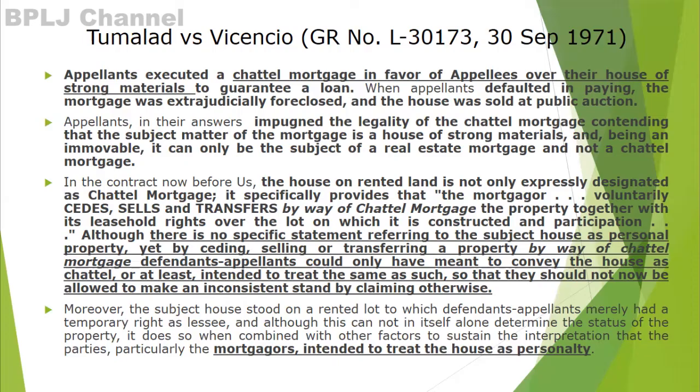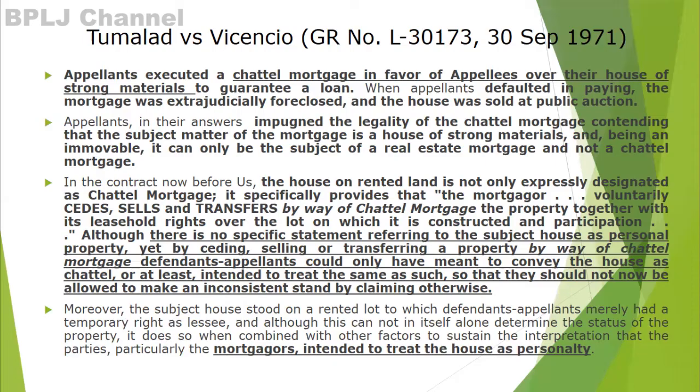So the Supreme Court tells us that even if under Article 415, a building is considered as immovable by nature, the parties, by stipulation, can treat the same as a personal property and they are estopped to deny the same.